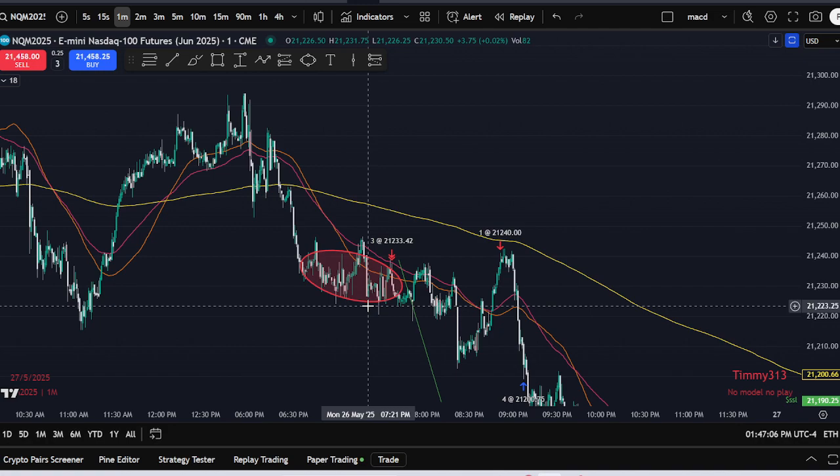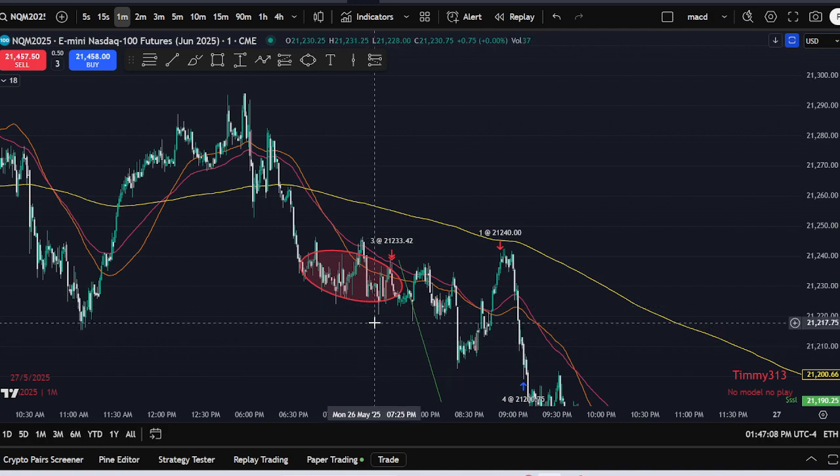And since this is a bearish version, you cannot short unless you are above 50% of what this pattern is.